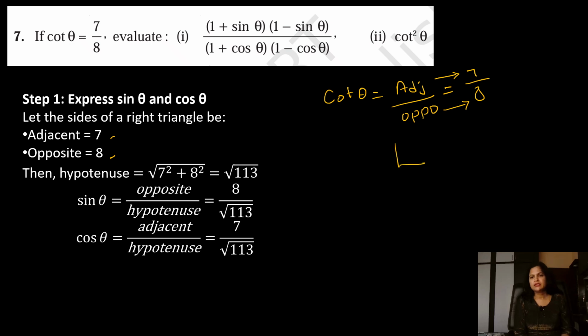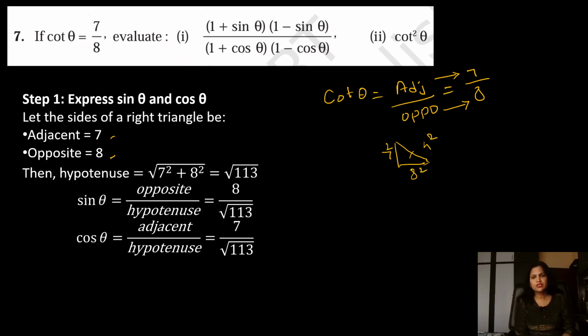In a right angle triangle, adjacent is 7, opposite is 8. So the hypotenuse we have to find out. We have the formula: hypotenuse square equals adjacent square plus opposite square.